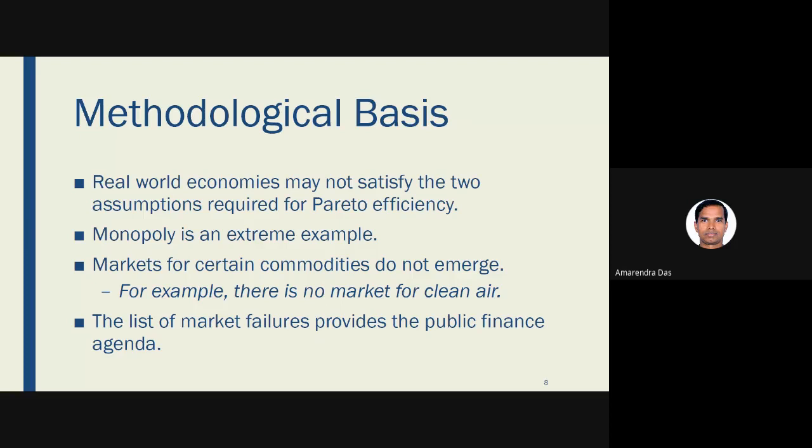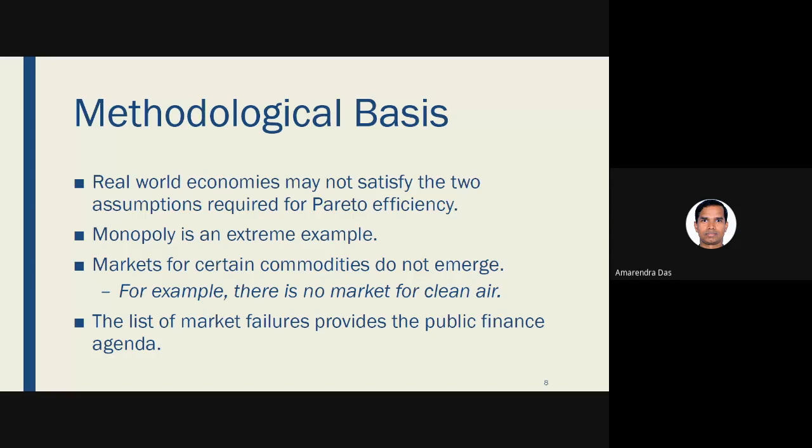To give an example, the market can also provide education. If you allow the market to provide education, it will definitely provide it, but it will be supplied only in a few pockets, like in cities, towns, or market areas, and only the rich can afford it because the prices will be quite high.